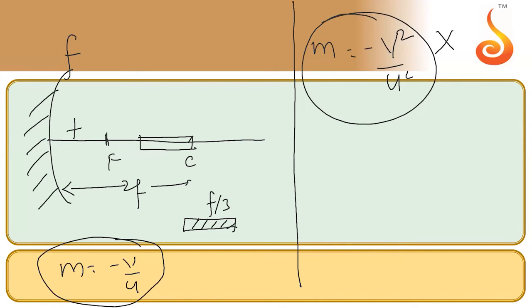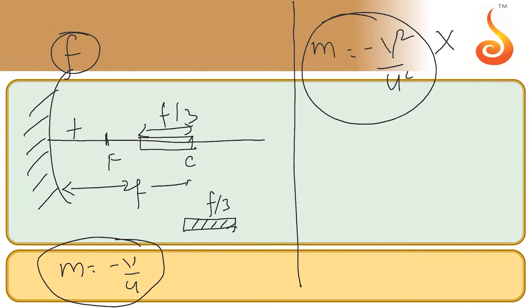So when you look at the question, people, you have to decide whether to use that formula or not. How do you decide? Because it's the first time we are doing this, I will tell you. Next time you have to decide. The length of this thing is given to me as f by 3. The focal length is given to me as f. I am not talking about equality and inequality.